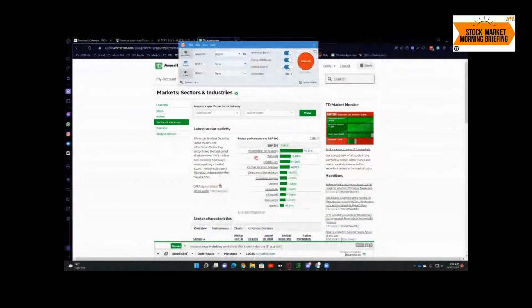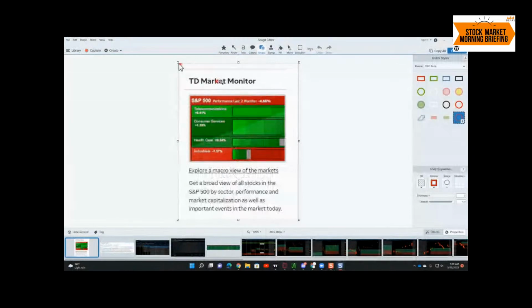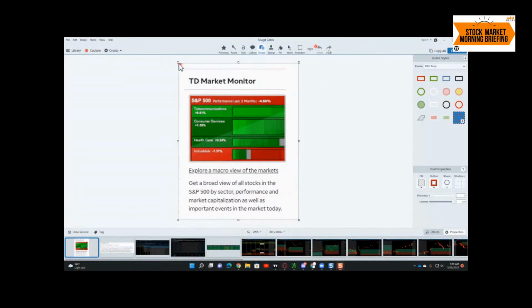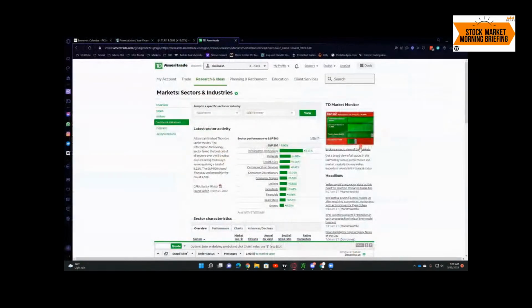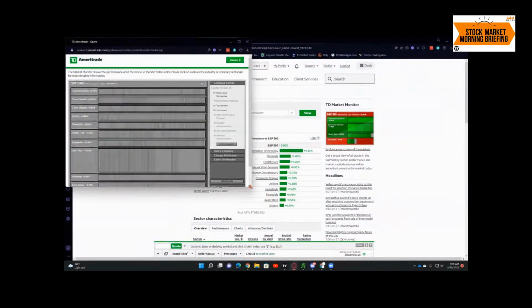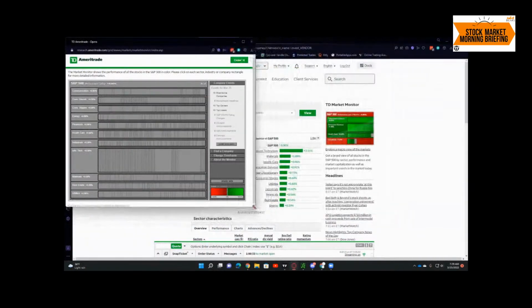If you were to click on this, it'll bring up a tool. Now the market's closed, right? So the tool's only going to give us so much. And you can filter things out.